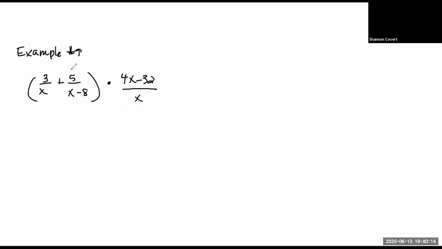3 over x plus 5 over x minus 8. So I need to know what's my least common denominator for those two fractions. Think back to what we've done in those previous sections. It's x times x minus 8. That's our least common denominator. So I'm going to rewrite that fraction so that both denominators are x times x minus 8.